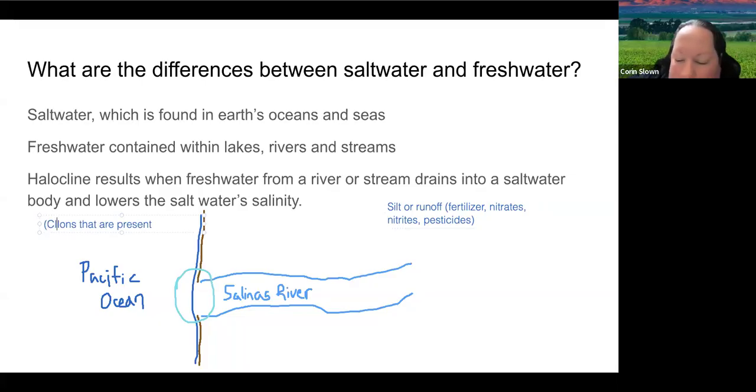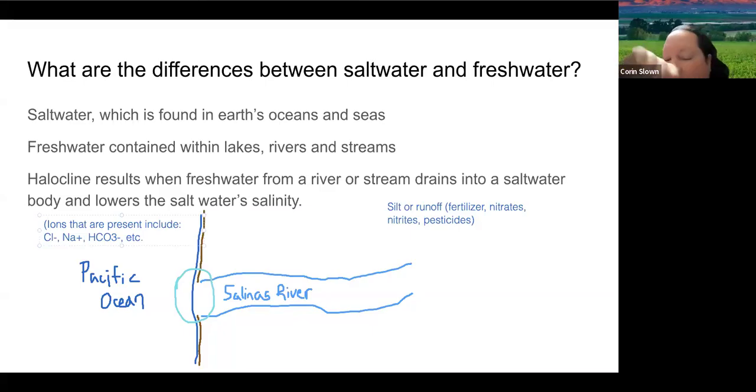So our chloride, our sodium, our bicarbonate, as well as other ions. So what happens when those mix?